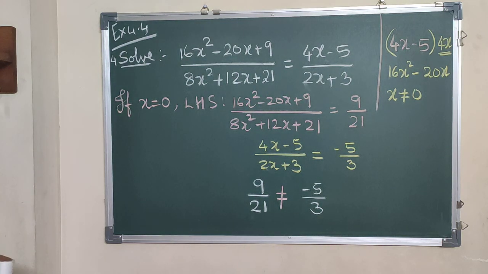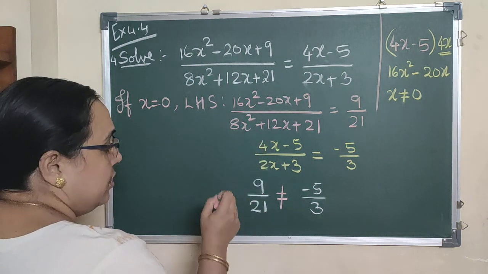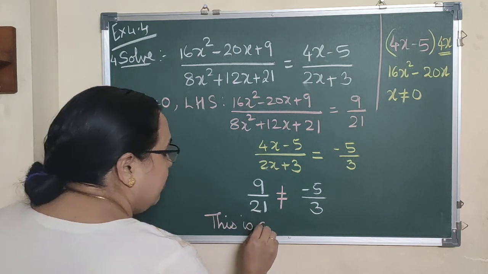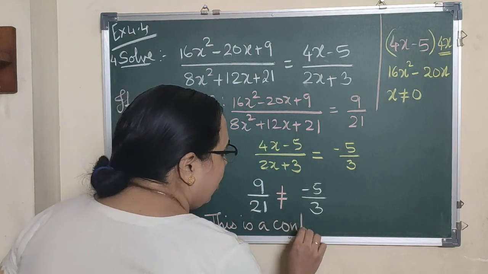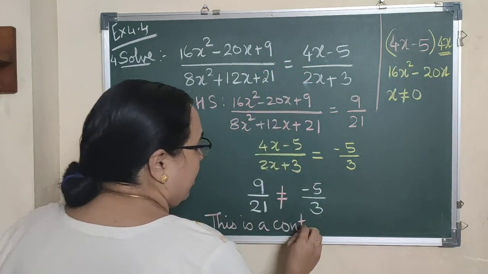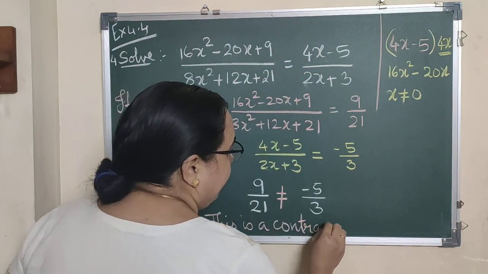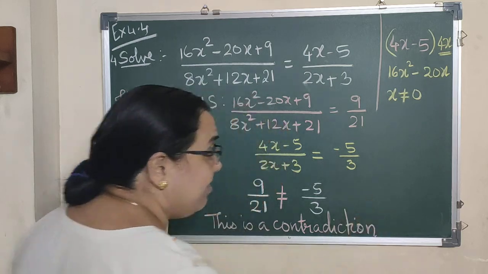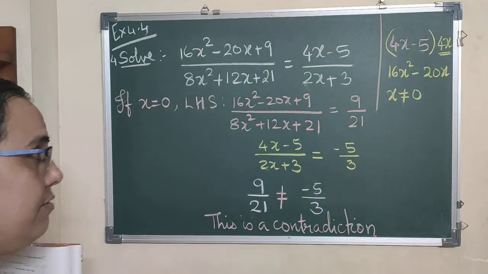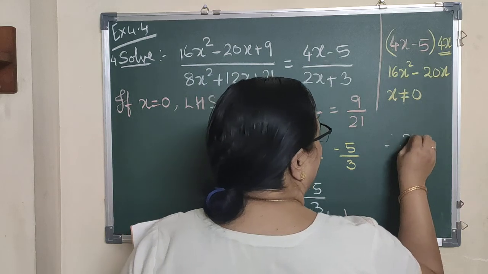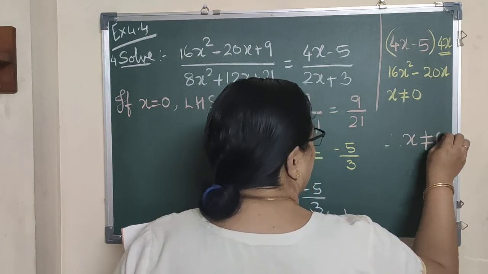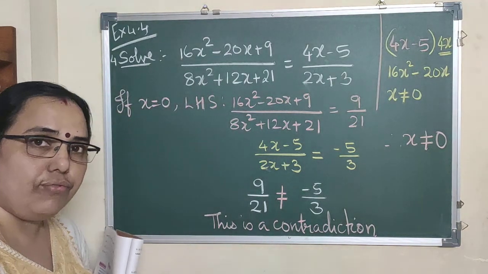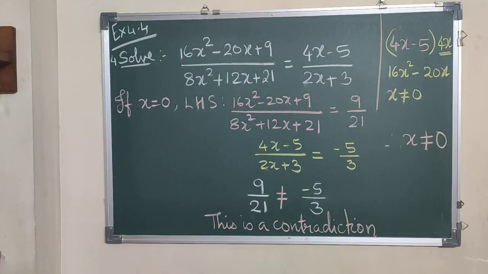So this condition is a contradiction, because here the ratios are equal and here we find that the values are not equal. So this tells us that x is not equal to 0. When x is equal to 0, it gives a contradiction. Therefore, I say x is not equal to 0.